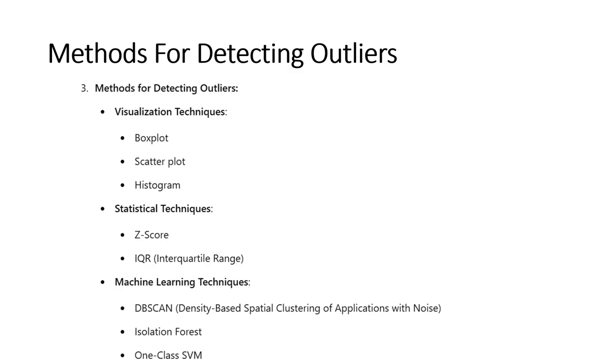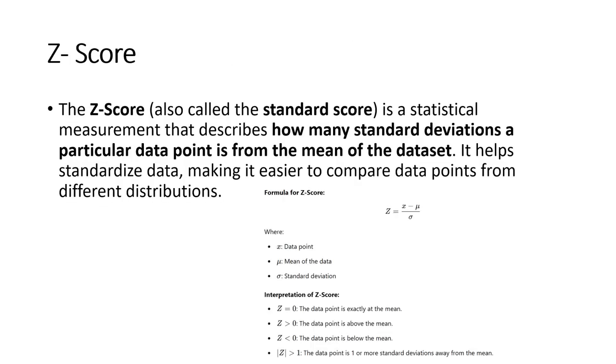I have a separate video on both of these topics that explains them in detail, but in this video I will also show you a touch of what Z-score and IQR are. Our main focus is how we can implement Z-score or IQR in order to detect outliers. We will also detect outliers through machine learning techniques like DBSCAN, that is density-based spatial clustering of applications with noise, isolation forest, or one-class SVM.